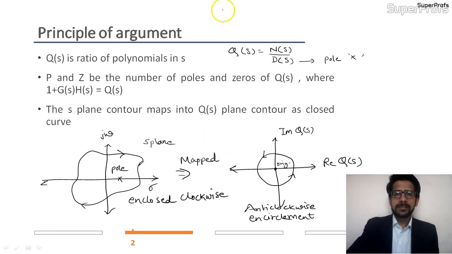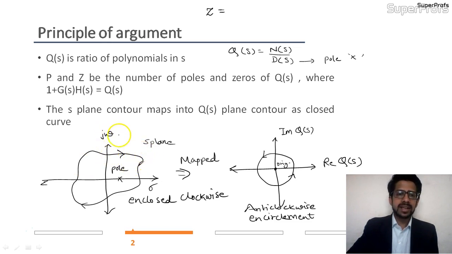Let us call Z those zeros which are enclosed by the S-plane contour. So Z is the number of zeros of Q of S, or say N of S, which are enclosed by the S-plane contour. This S-plane contour is the user defined contour.